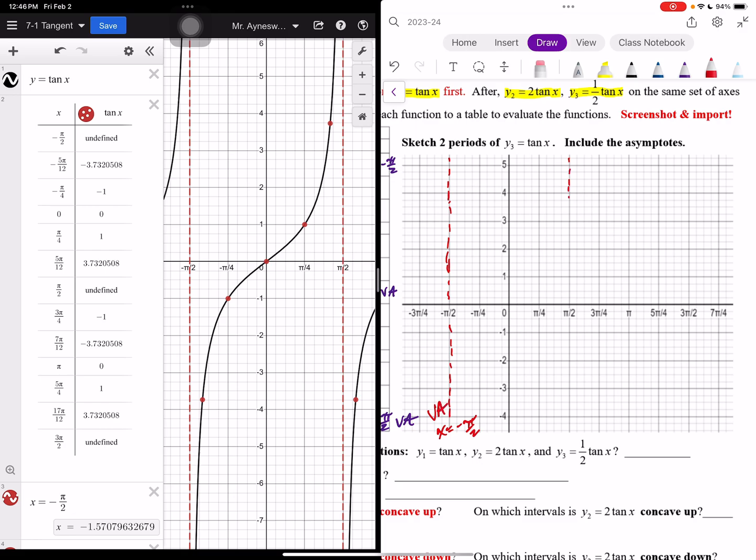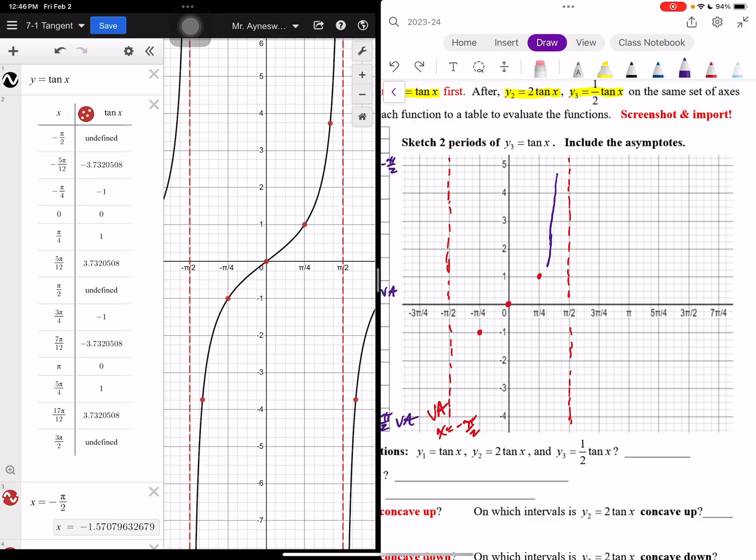Okay, it helps you sketch the function. So every student in pre-calc that sketches a tangent function draws the vertical asymptotes and plots the 3 points that you see close to the origin. So tangent of 0 is 0. Tangent of pi fourths is 1. Tangent of negative pi fourths is negative 1. And then from there, you sketch, okay? And it's asymptotic. And it's got to go through these points.